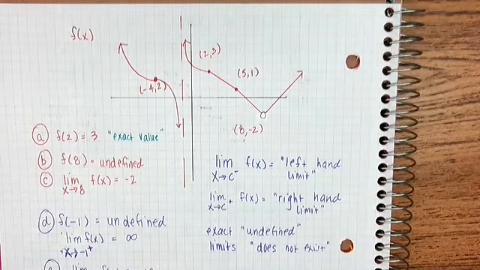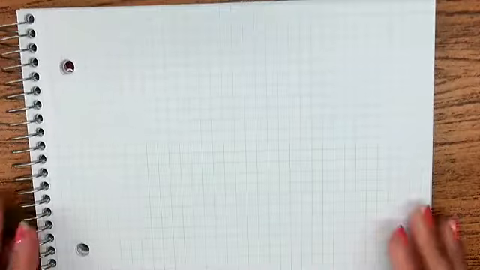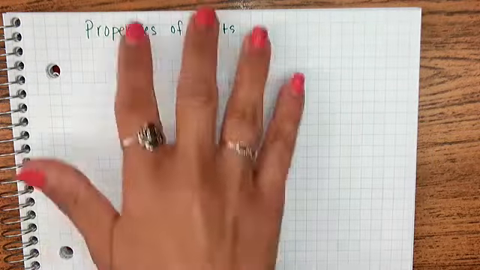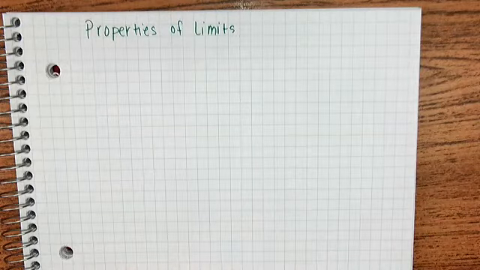But I hate to tell you this, you're not always going to be given a graph. Let's look at some properties of limits. So you are going to want page 58. I'm not going to list all the properties of limits. They're on page 58.